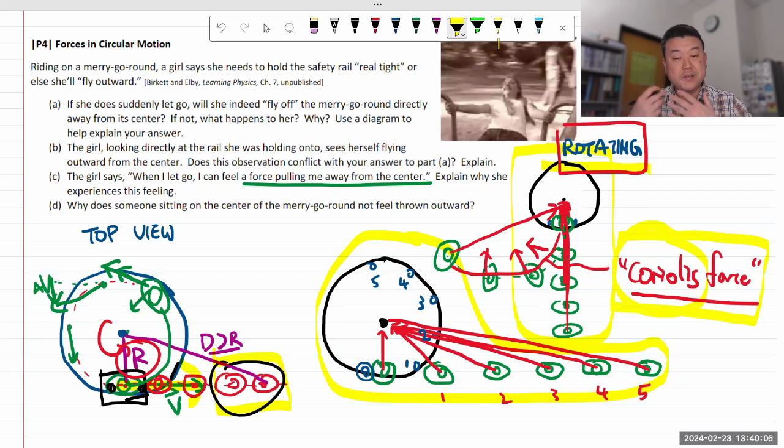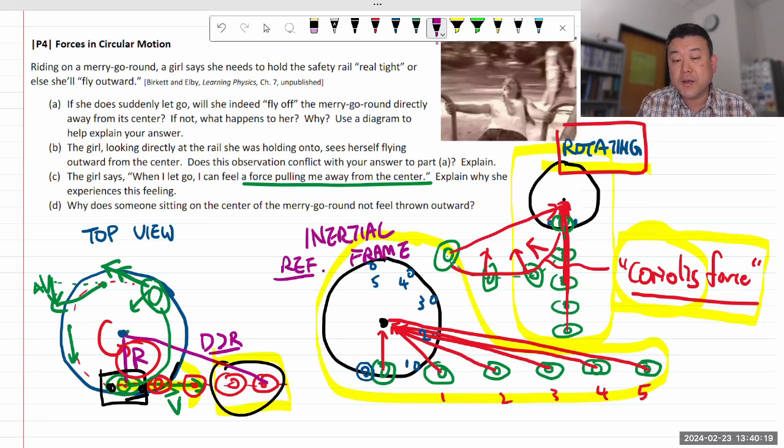But for this introductory class, my strongest recommendation is to stay in the inertial reference frame, so that you don't have to worry about sneaky forces like the Coriolis force that you might not have known about. The fact that this railing moves ahead of the girl in its own circle compared to the straight line trajectory of the girl, you didn't have to know that ahead of time. That just comes straight from your analysis, from your picture.